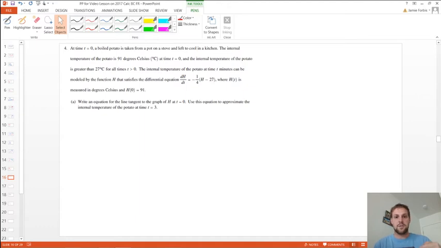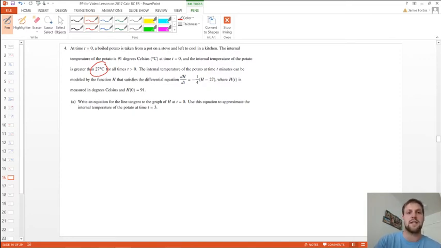And then the internal temperature of the potato is going to be greater than 27 degrees Celsius for all time greater than 0. So I'm assuming, based off that explanation, that 27 degrees Celsius is probably the room temperature, right? So it's going to be at 91 degrees at its hottest, and it's going to gradually decrease until it gets to the room temperature of 27 degrees Celsius. And then it says the internal temperature of the potato at time t minutes can be modeled by the function h that satisfies the differential equation.